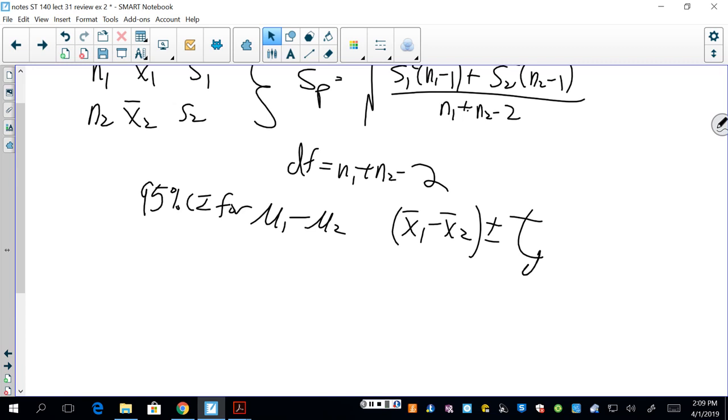Whatever that degrees of freedom is, 0.975. And then, instead of s over just the square root of n, there are the 2 sample sizes: the square root of 1 over n1 plus 1 over n2, and those go inside there. And that's the confidence interval, that's where that pooling comes in.